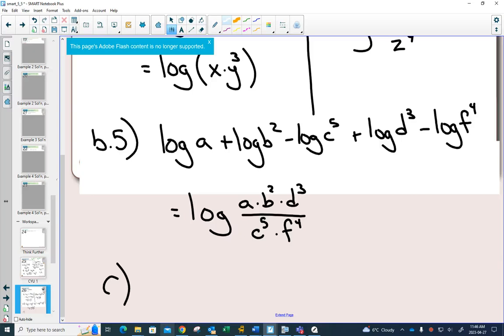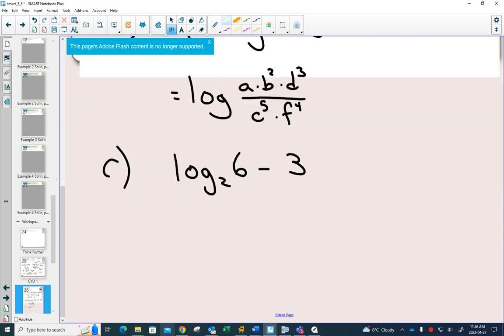Now part C, we want to write as a single logarithm, and we have log 2 of 6 minus 3. But unfortunately, the 3 is a number. You can only use subtracting log law if you have a log minus a log.